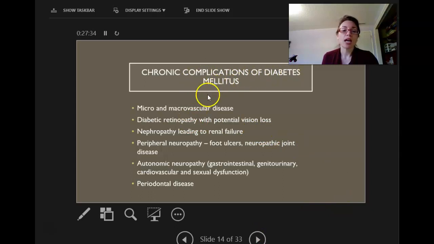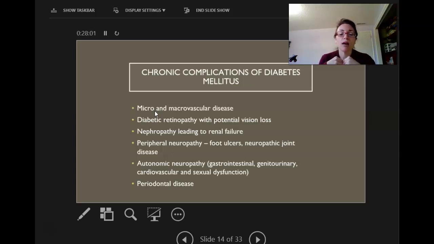Chronic complications of diabetes. So we have the micro and the macrovascular diseases: diabetic retinopathy, potential for vision loss. That would be the microvascular diseases. Neuropathy leading to renal failure. Again, everything having to do with the breakdown of the vascular system in different areas of the body.